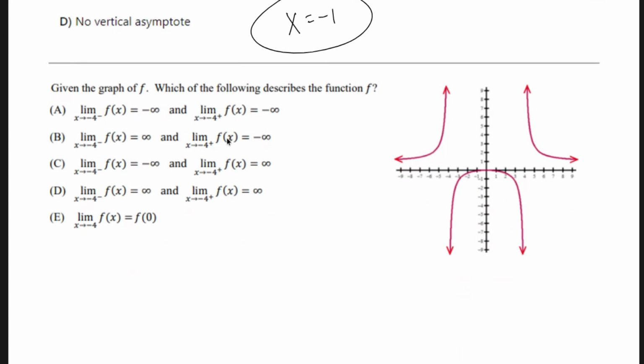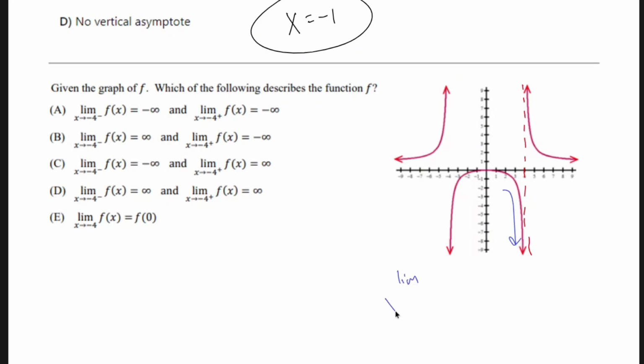Given the graph of f, which of the following describes the function f? So looking at all of these, I care about going to 4. So I care about my limit as x goes to 4. So it looks like I'm dealing with from the left and from the right. From the left, what is this f of x?